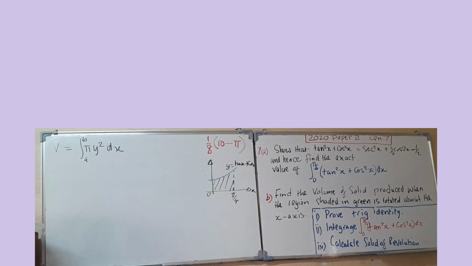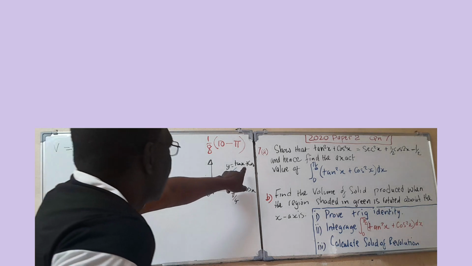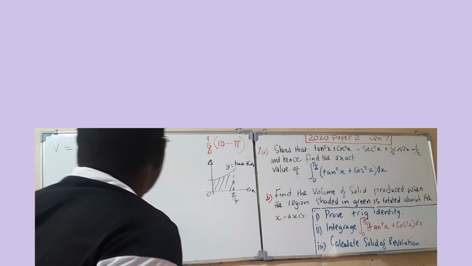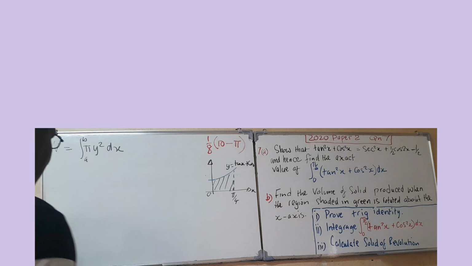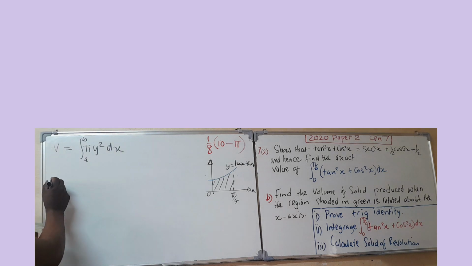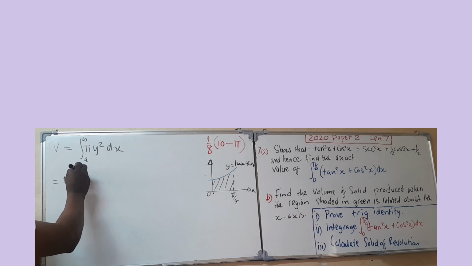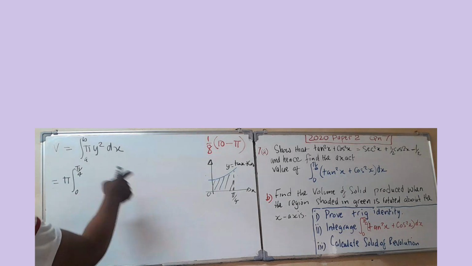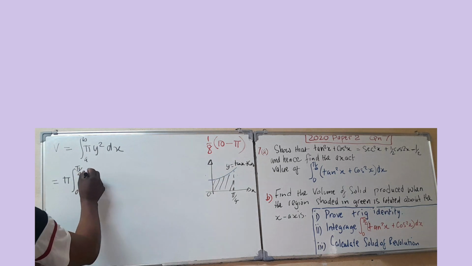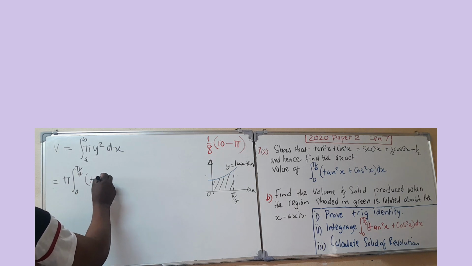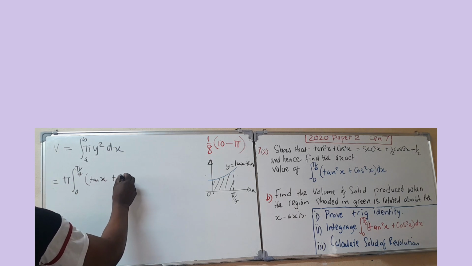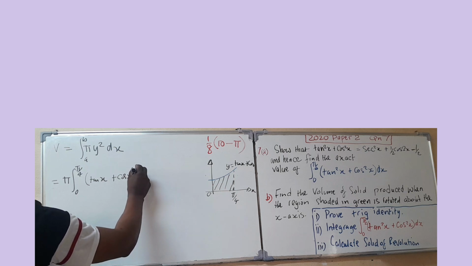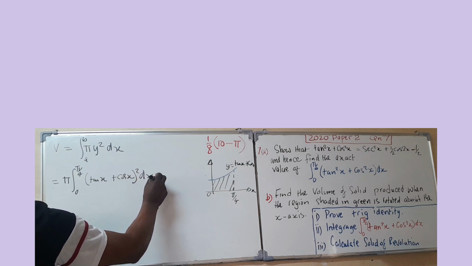What is our y in this case? Our y is equal to tan of x plus cos of x. So let's take out the pi, so we can factor out our pi and say this is equal to the integral from 0 up to pi over 4, y squared is equal to that, which is equal to tan of x plus cos of x all squared with respect to x.